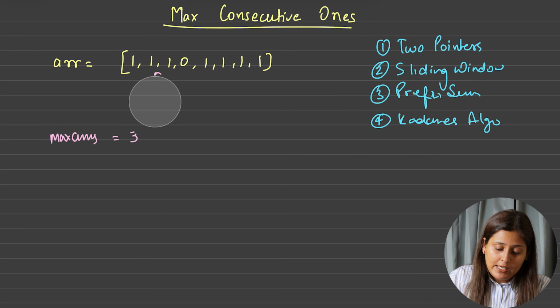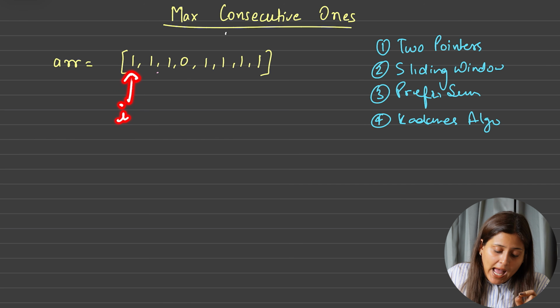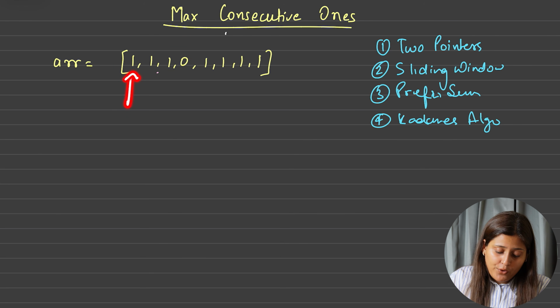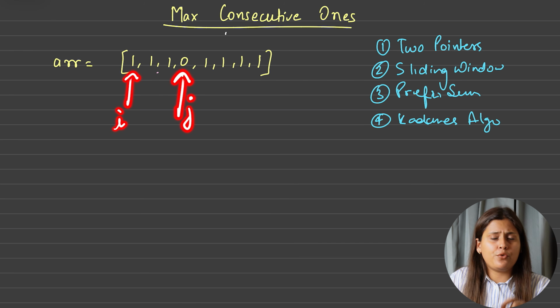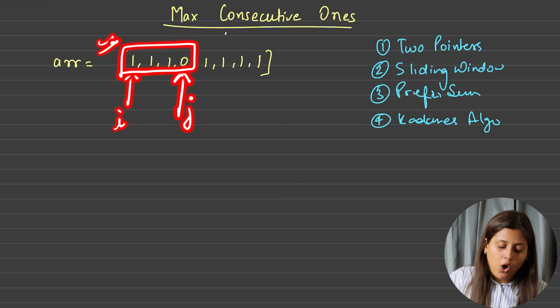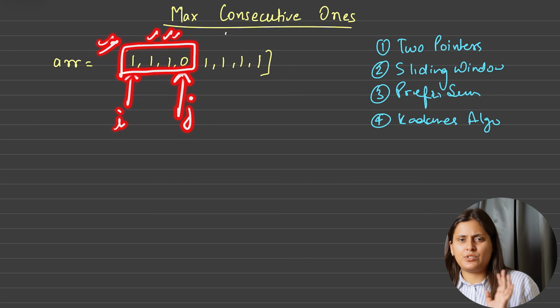The optimized approach will be: you start from i equal to 0, correct? And with j you run until it hits 0, and you have calculated the maximum length, correct? But here you know that if you start from i equal to 0, your j will always stop here for sure. So what do you think? Will you get the maximum length with i at the leftmost position or i at the next position?